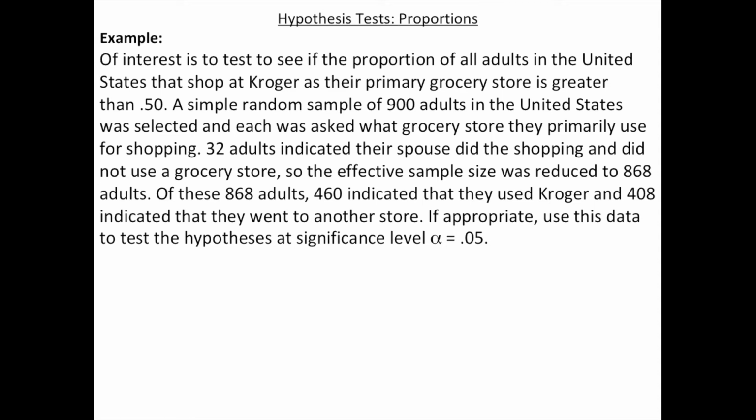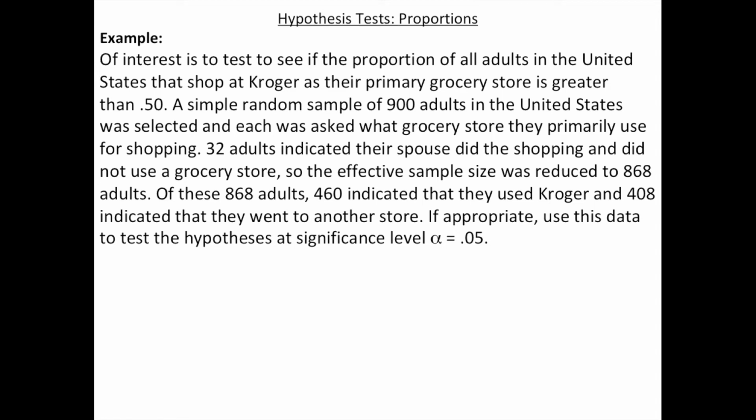Of these 868 adults, 460 indicated that they used Kroger and 408 indicated that they went to another store. If appropriate, use this data to test the hypotheses at significance level alpha equals 0.05.